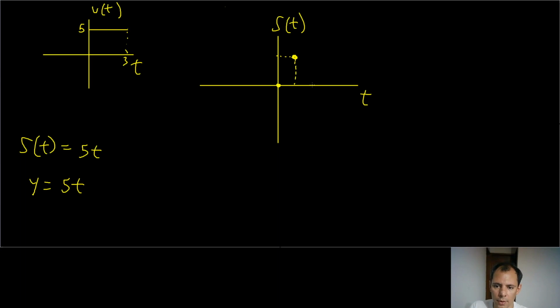It's going to be 10. And at t equals 3, what's going to be the space? It's going to be 15, because 5 times 3 is 15. So we go kind of here, because I have to make a line. And then you make a line in here.